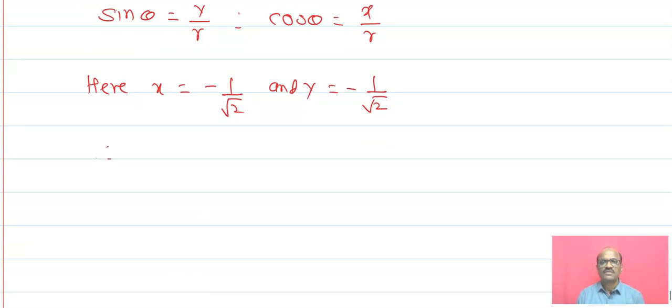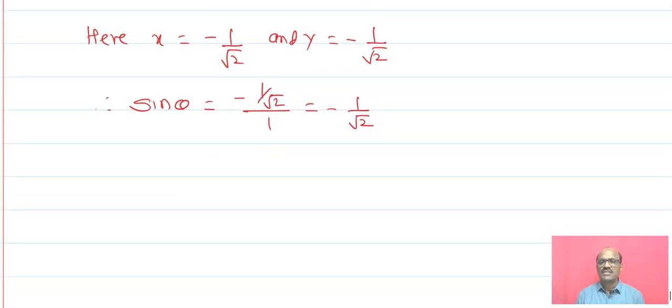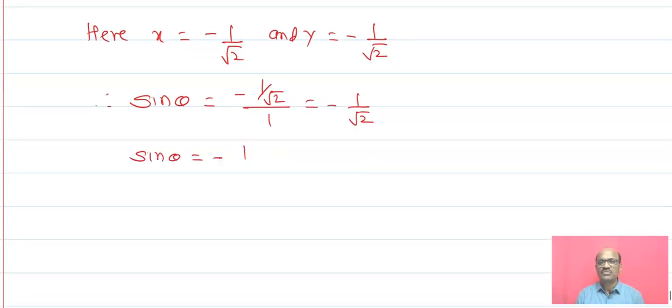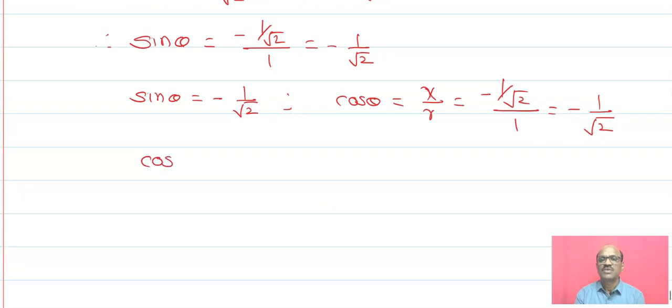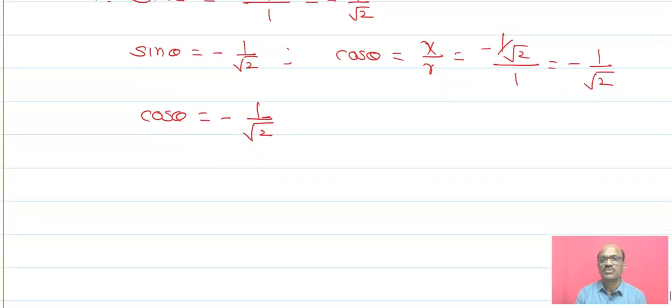Therefore sin theta is equal to minus 1 upon root 2 upon 1, that is minus 1 by root 2. Cos theta is equal to x upon r, that is minus 1 upon root 2 upon 1, that is minus 1 upon root 2. Therefore cos theta is equal to minus 1 upon root 2.